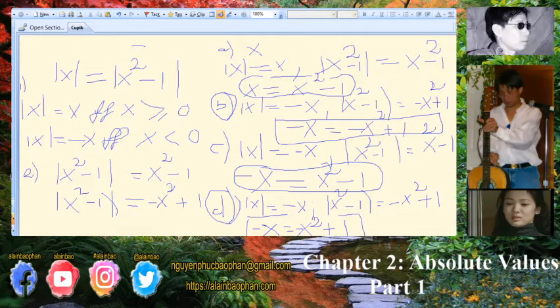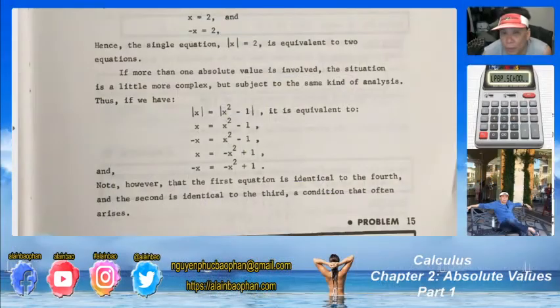So we have 3 different equations because B and D are exactly the same. In this case, absolute value of x equal absolute of x squared minus 1, when you break it down, we have 3 different equations. Okay, so let's go back to our textbook.